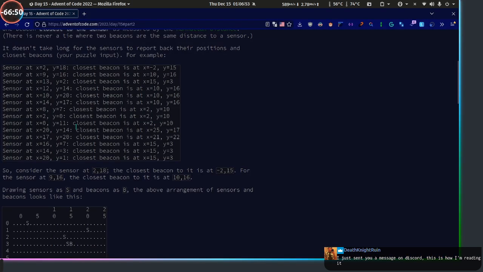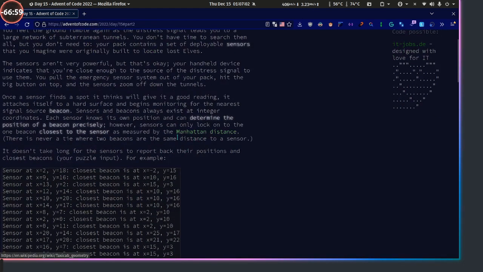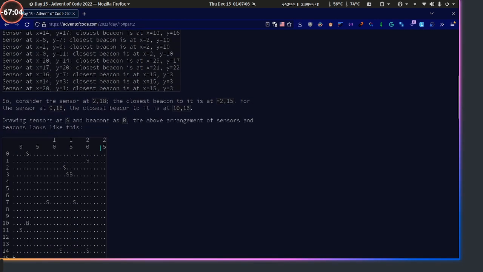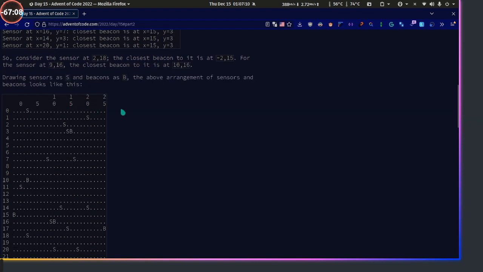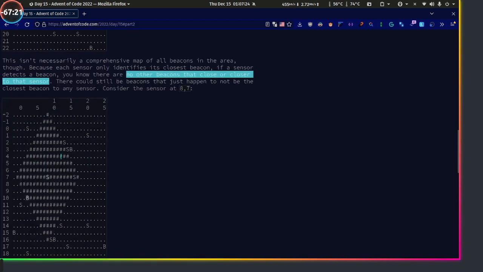They look like diamonds, though. Let me go back and read it. Measured by Manhattan distance. Consider sensor at 2, 18. The closest beacon is at negative 2, 15. Drawing sensors like this, beacons look like this. Each sensor identifies only its closest beacon. If it detects one, you know there are no other beacons that are closer to that sensor.